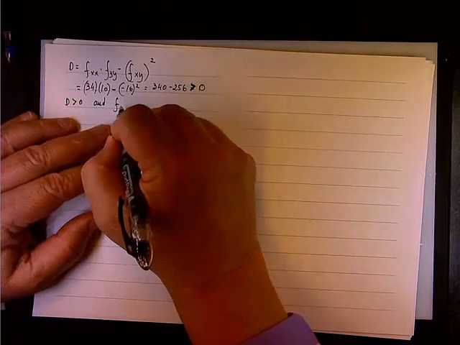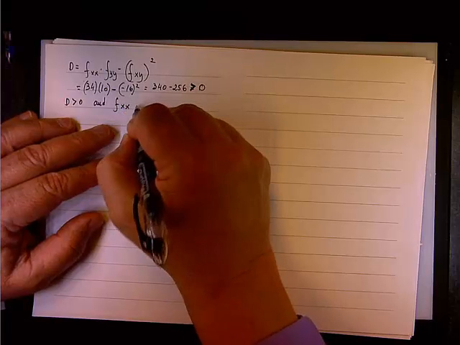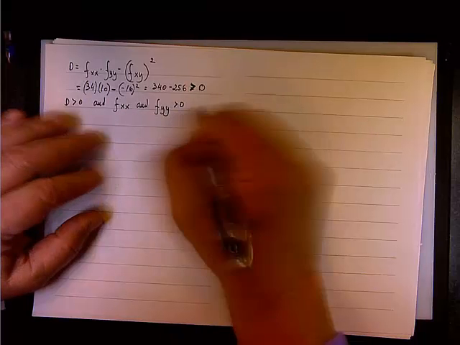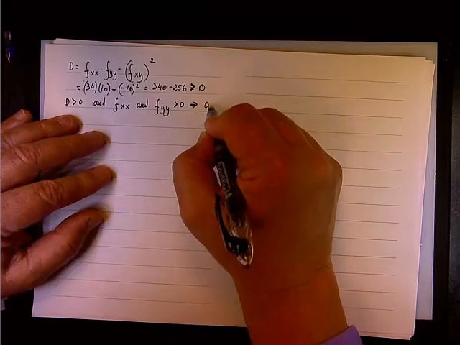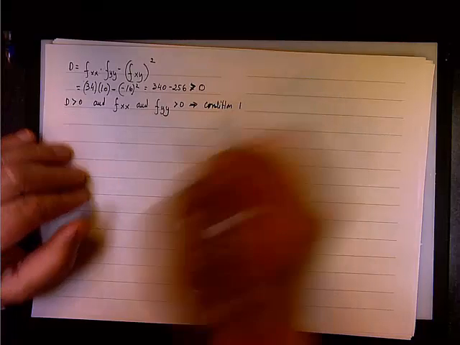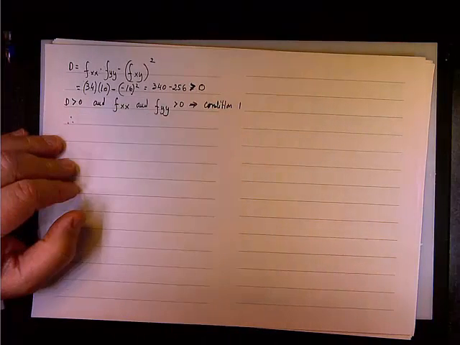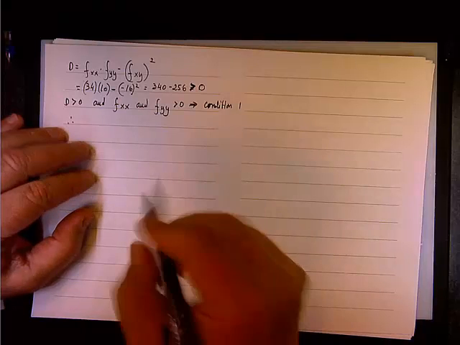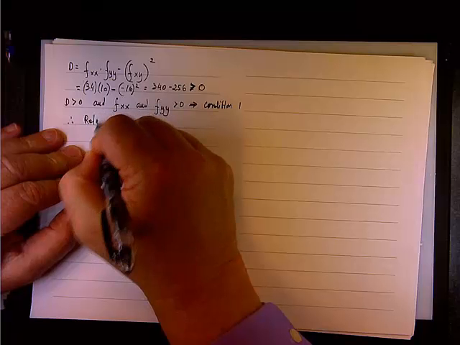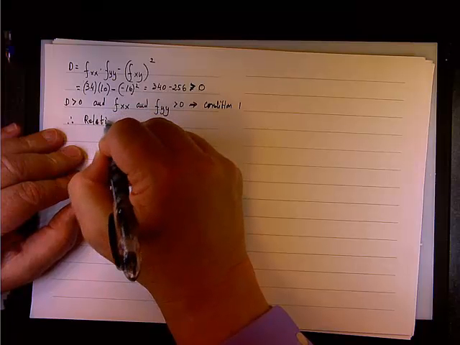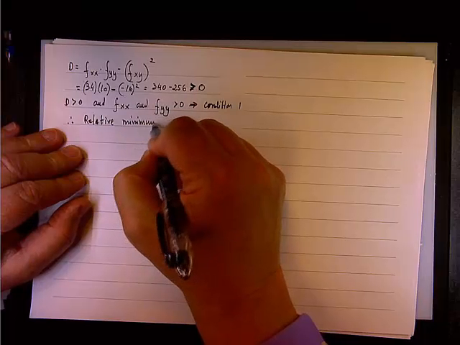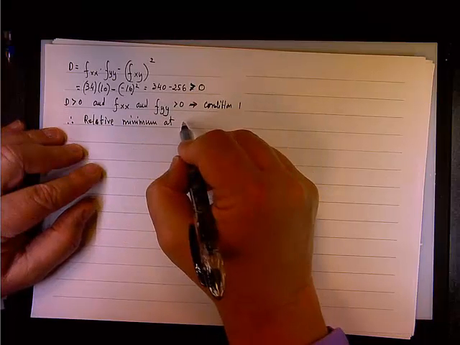That's what I meant, it's the same thing. So we have condition 1. Okay, so D is greater than 0, and if both f xx and f yy are positive, that's condition 1. Therefore, condition 1 gives us a relative minimum.